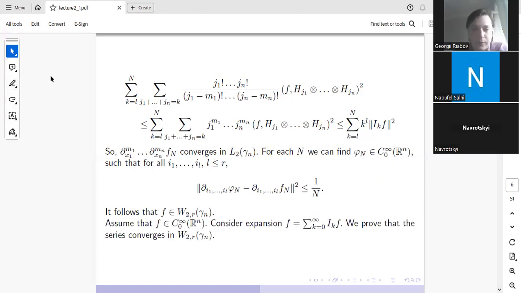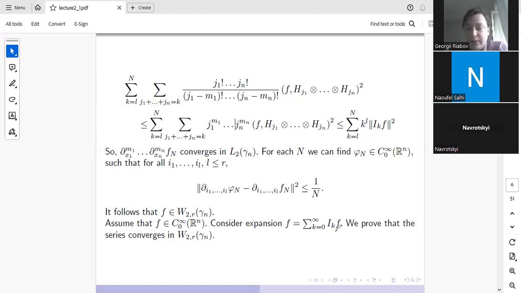Now, to prove the converse, first consider the case when F is itself infinitely differentiable and has a compact support. We expand F into the sum of orthogonal projections.